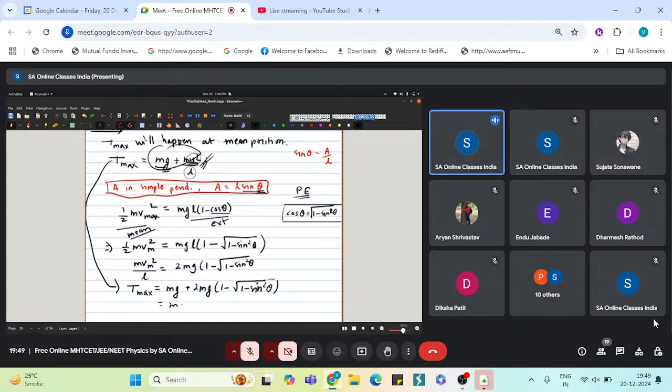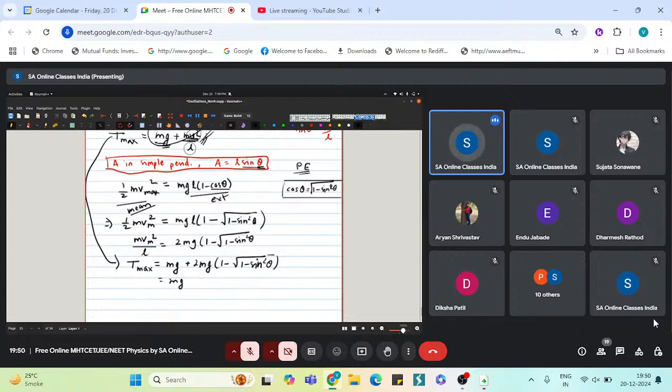Try to always simplify the analytical form as much as possible before plugging in the values, so that you avoid making repetitive calculations, and it will save your time. It is easier to work with letters than actually calculating. So this will be equal to mg times 1 plus 2 into 1 minus root of 1 minus sine square theta. Now we can start plugging in these values.